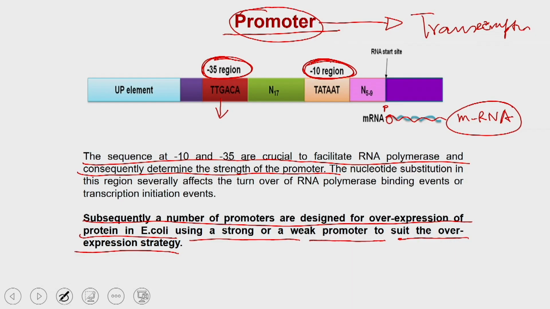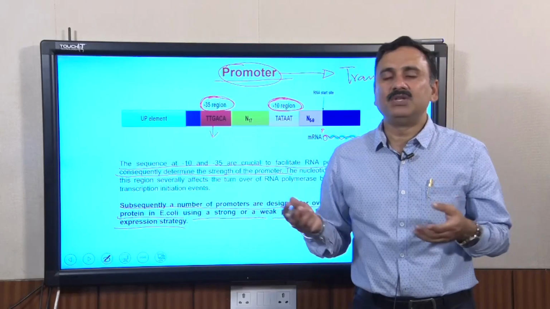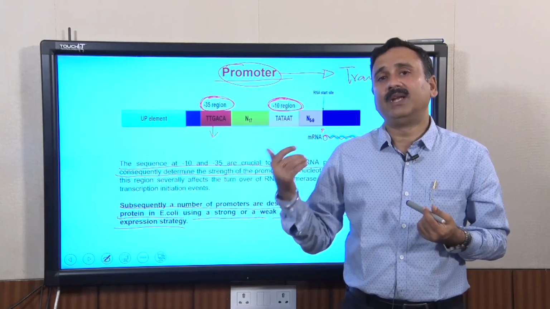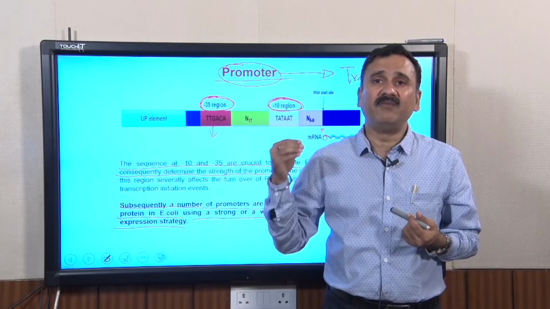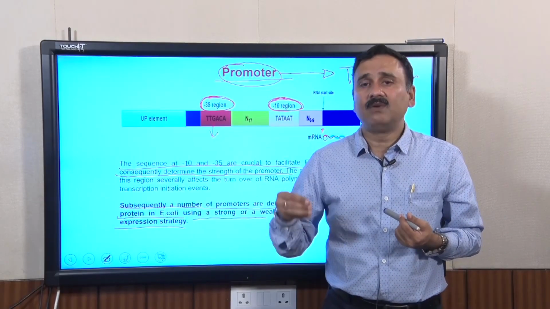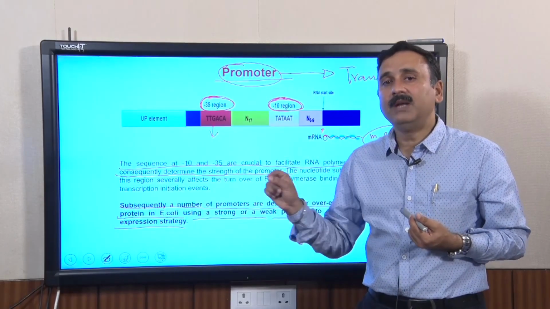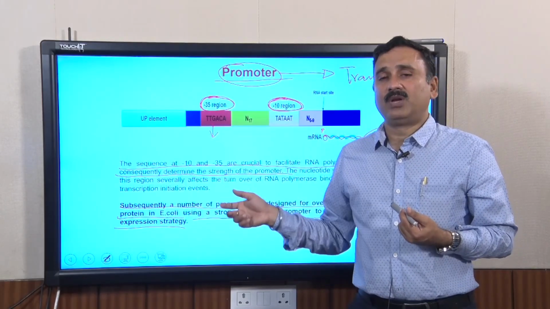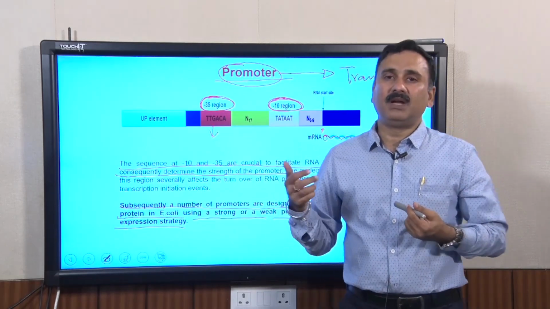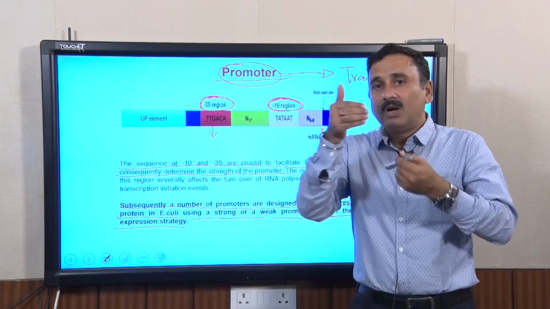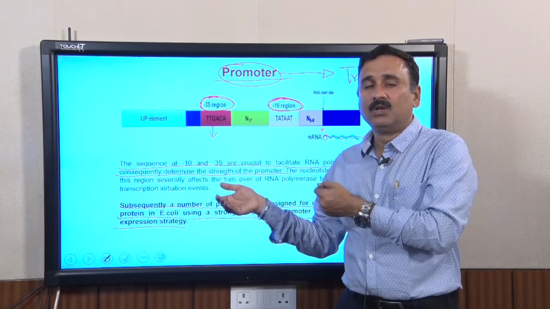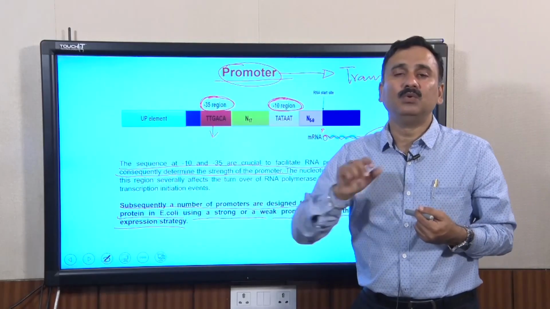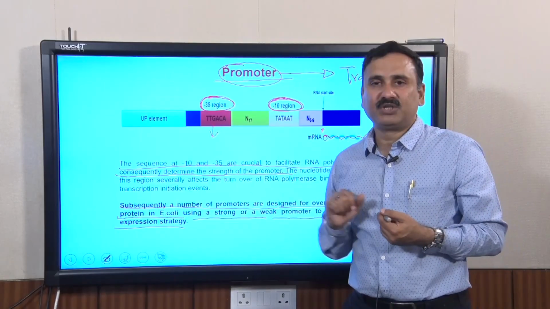For example, in some cases it is not essential that you use the strong promoter. In some cases you prefer to use the weak promoter, because the advantage of the weak promoter is that it lowers the protein production. Once it is lowering the protein production, it gives more time for the protein to get folded. For example, suppose you are trying to overexpress a eukaryotic protein in E. coli as an expression system.